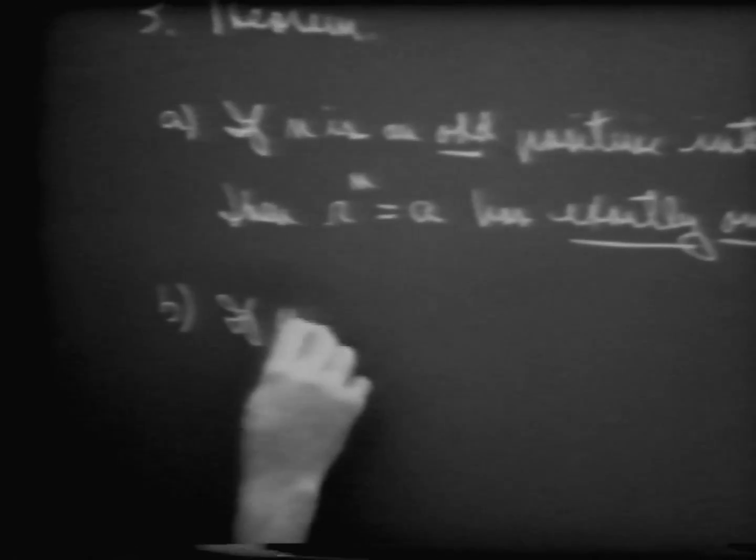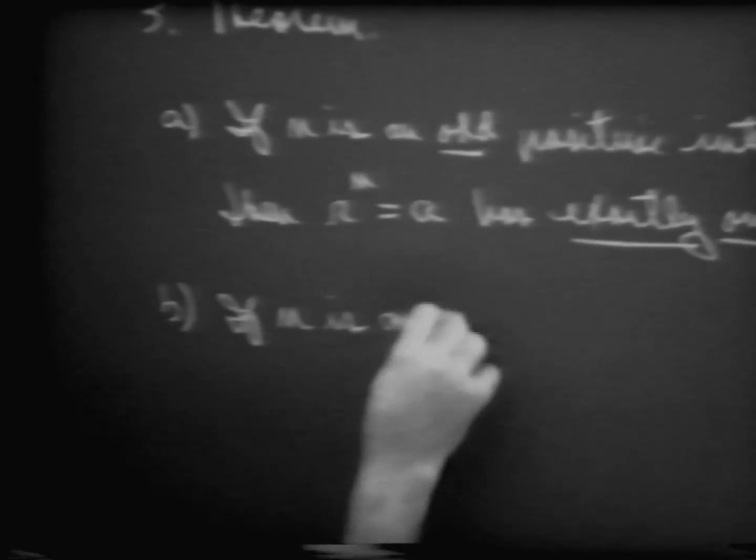Real root. Now, notice here, if n is an odd number here, r to the nth power is equal to a, has exactly one real root. And I think that this is something that you remember from your work in your first year algebra course. Now, there's a second part of the theorem in which if n is an even positive integer, let's see what we may say about that.